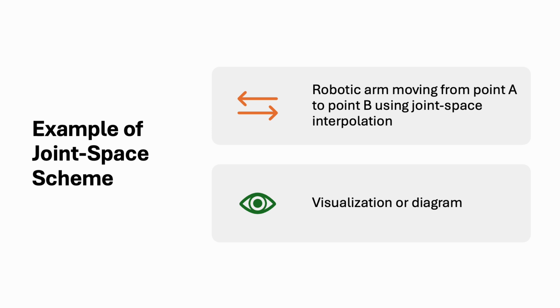These trajectories ensure smooth and controlled motion, reducing mechanical stress and enhancing the robots' overall performance. By integrating joint space schemes and real-time feedback from sensors, which comes in terms of the visualization or diagram effect, the Boston Dynamics robots can achieve a remarkable level of mobility and adaptability in various environments.